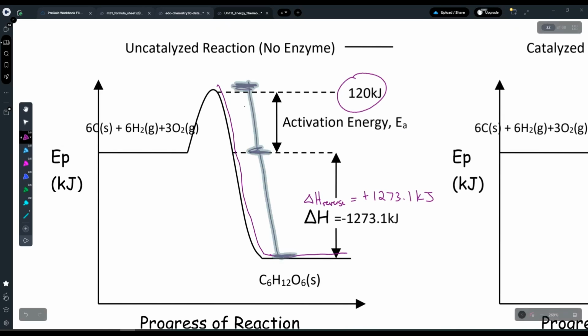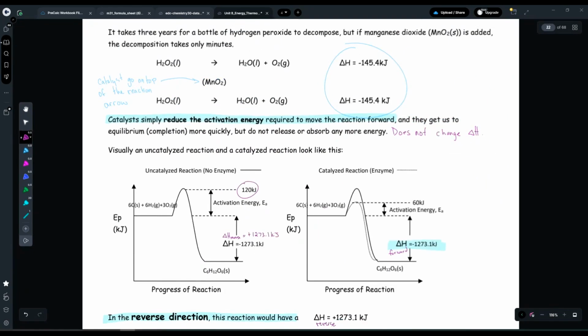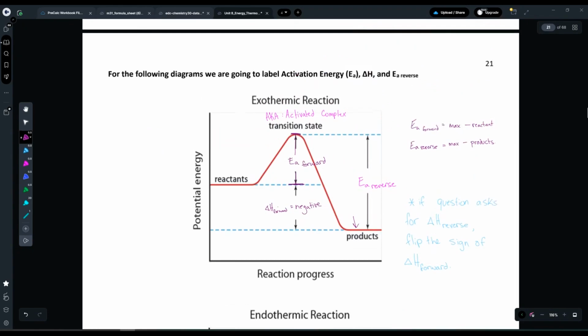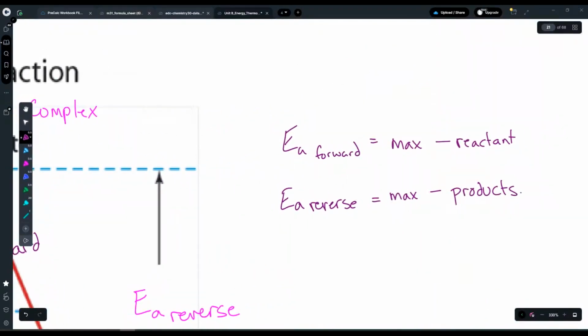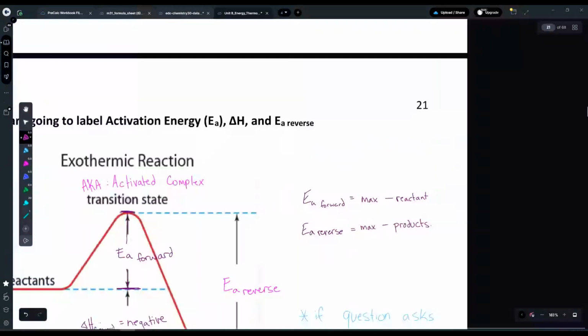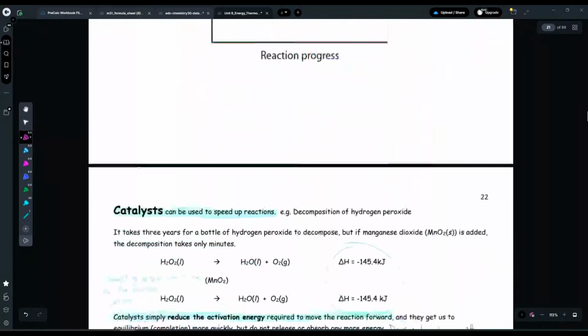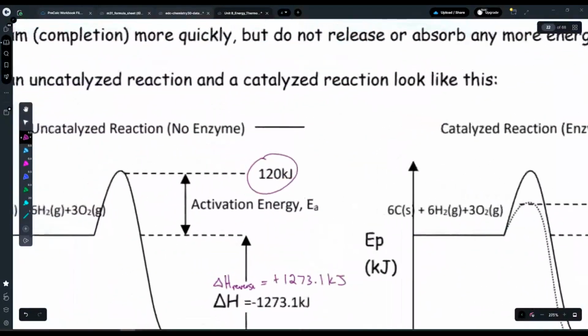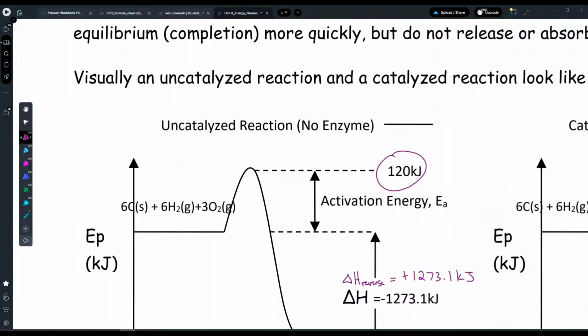The reason I'm adding here, instead of subtracting like on the previous page, is that we're only told what the activation energy for the forward reaction is.